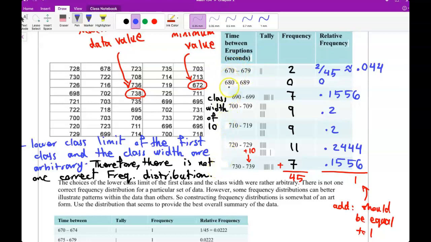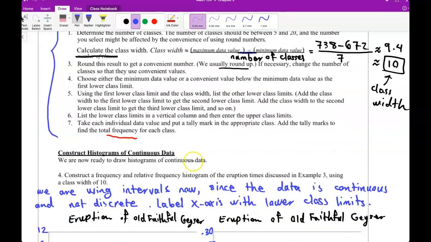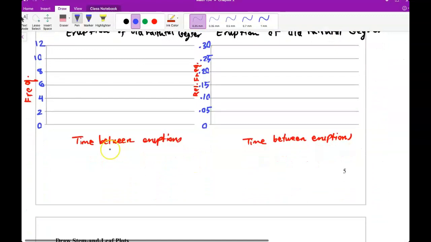So 670, 680. Do exactly the same thing for relative frequency on this board.